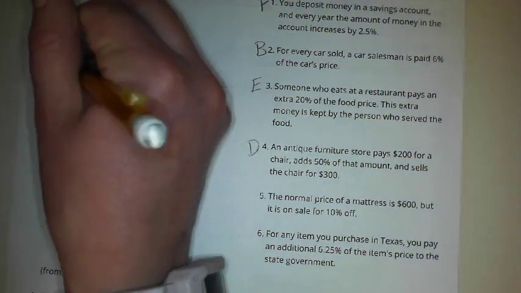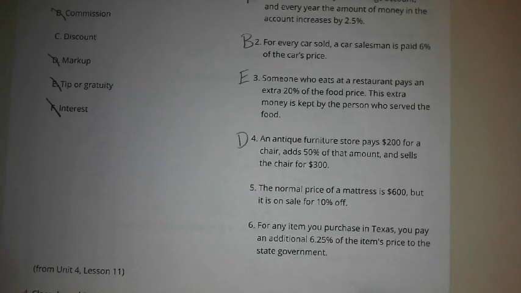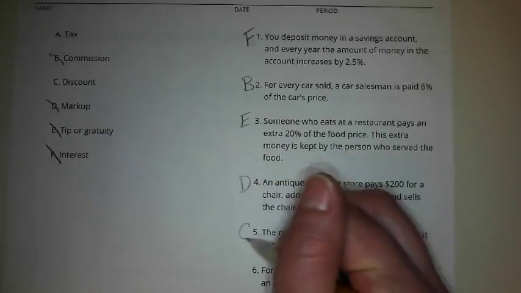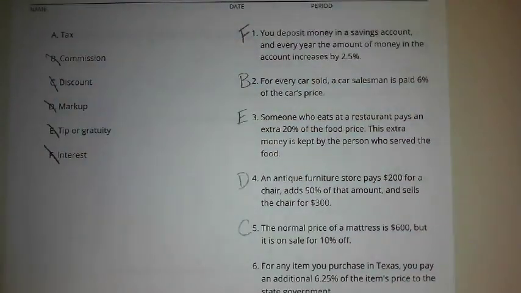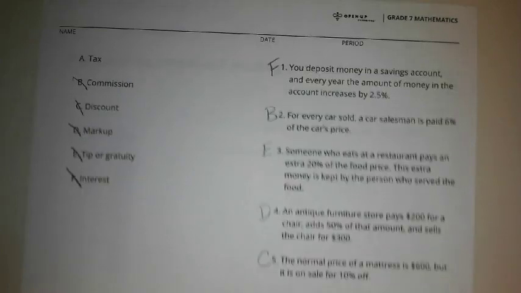That is a markup. The normal price of a mattress is $600, but is on sale for 10% off. Well, that would be a discount. And for any item you purchase in Texas, you pay an additional 6.25% of the item's price to the state government. Well, that would be a tax.